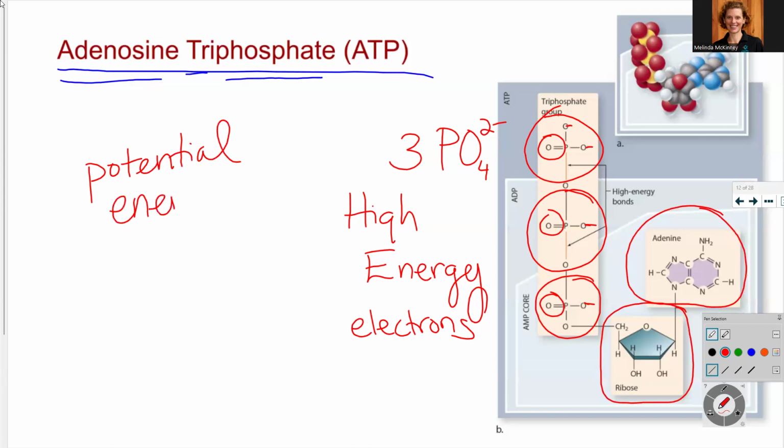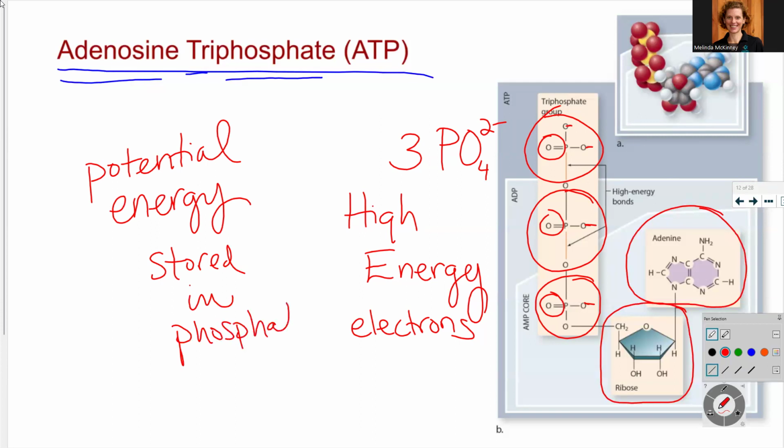energy stored in the phosphate group. And specifically, this last phosphate group at the very top. So get another color.